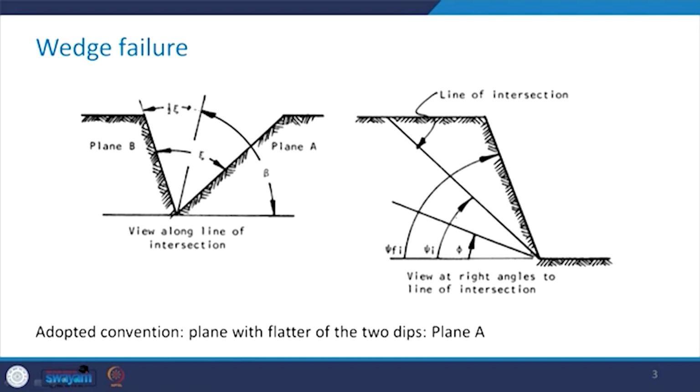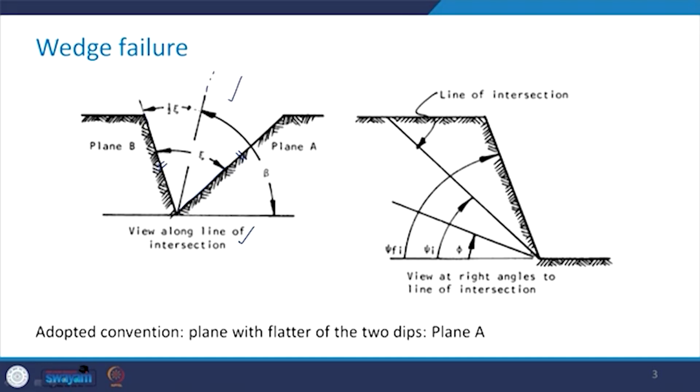Now, if we take a cross section along the line of intersection, this is how the view is going to look. This is the angle bisector of the angle between plane A, which is this plane, and plane B, which is this plane.